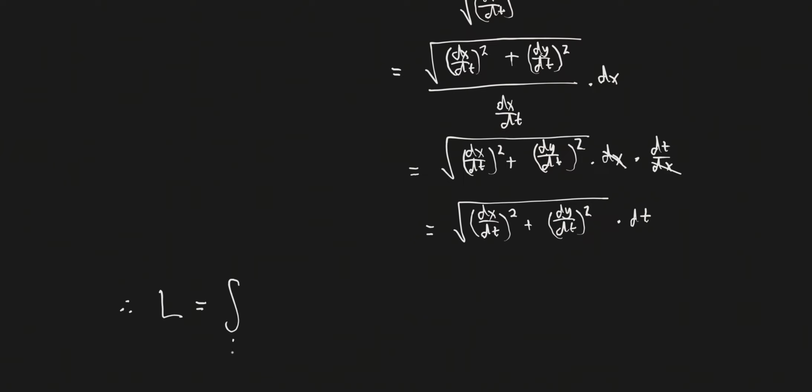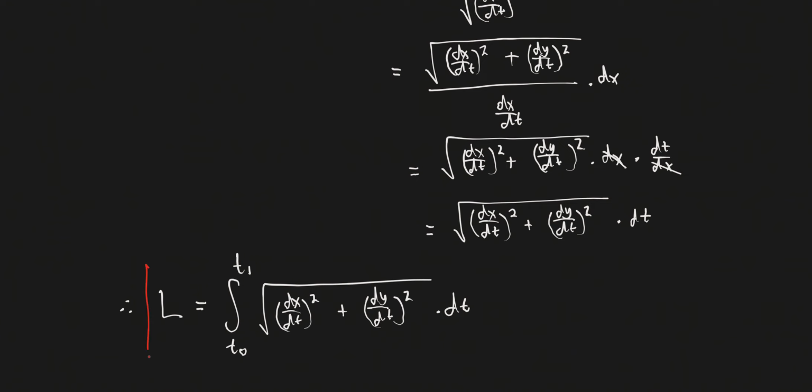It's the integral from t0 to t1 of the square root of (dx/dt) squared plus (dy/dt) squared, and then we integrate that with respect to t. Let's put this in a nice colorful box, because that's a formula we're going to use.